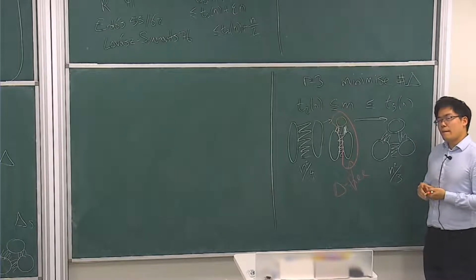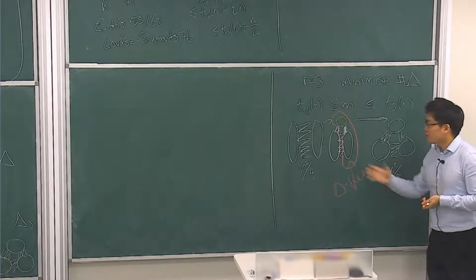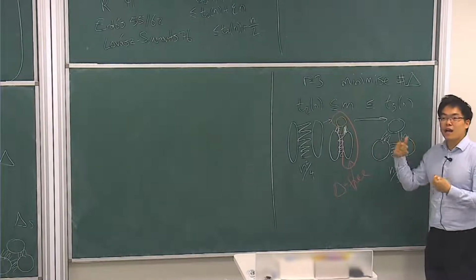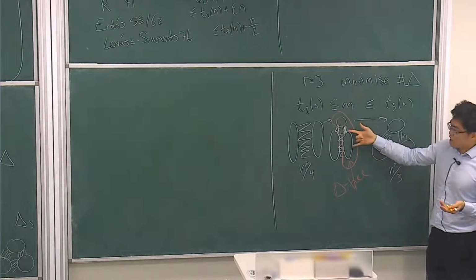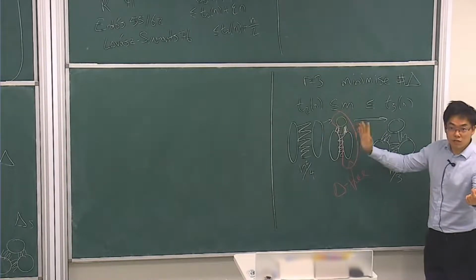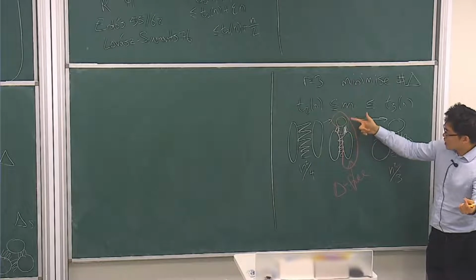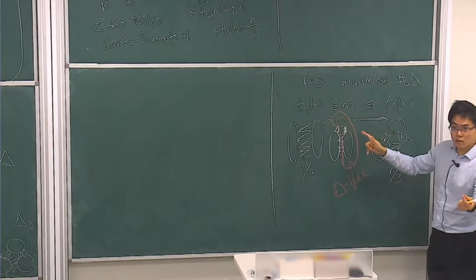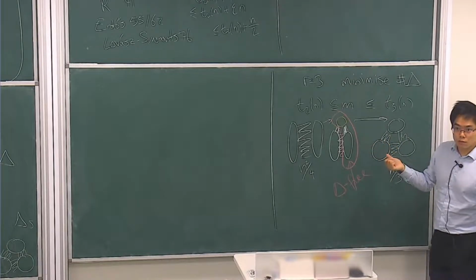Now, where do we see triangles? Definitely not in this red box, right? So every triangle has to look like one edge in the red box and a single vertex from outside, because this is complete. That means as long as I preserve the number of edges inside the red box, I'm not going to change the triangle count.